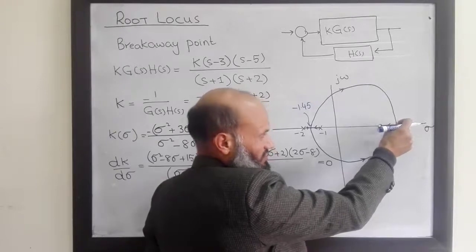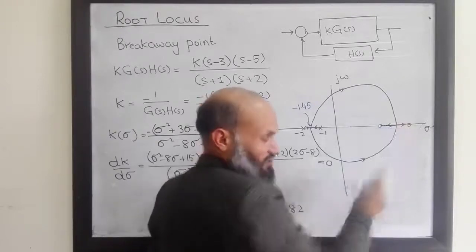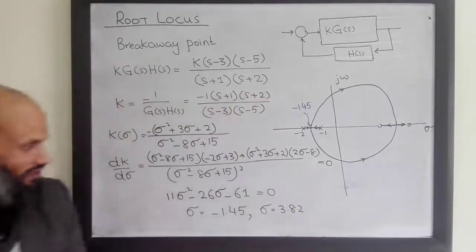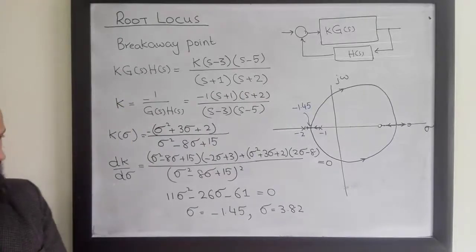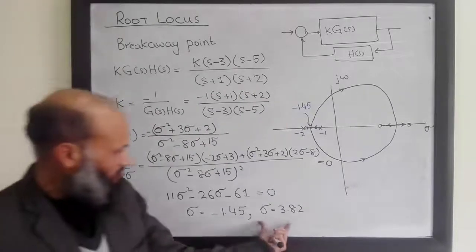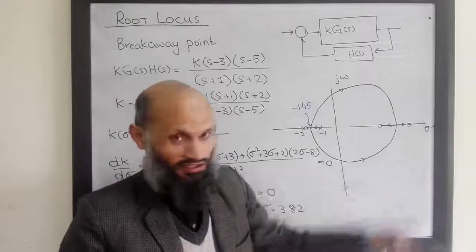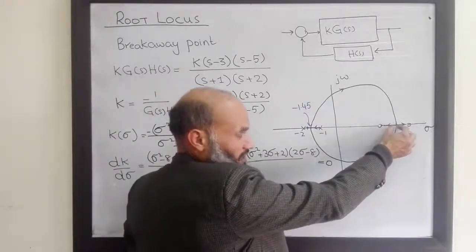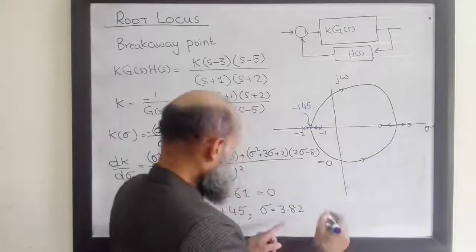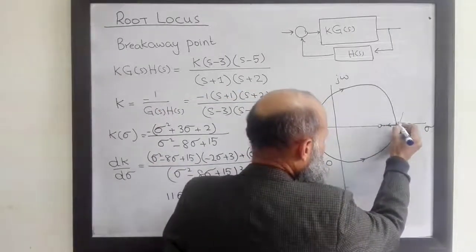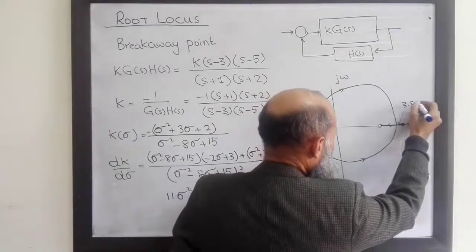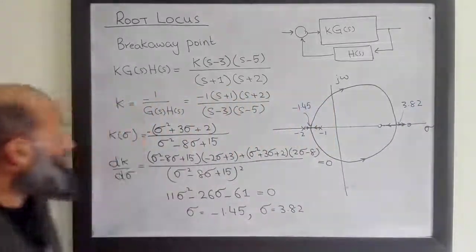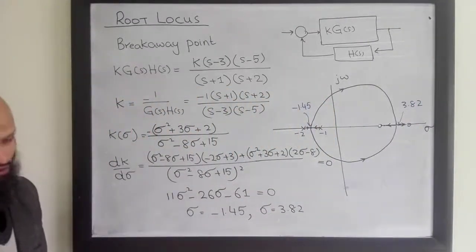So among all these points, this point is the one which corresponds to minimum gain. So this second root gives you this point, 3.82, and this point is called the break-in point.